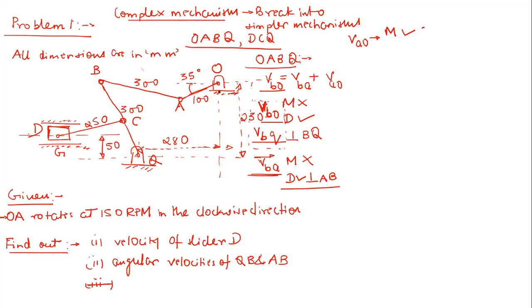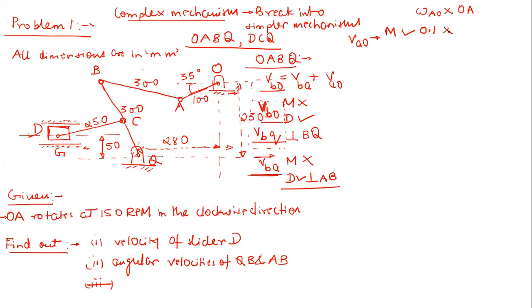Velocity of A with respect to O. What will be the magnitude? R omega. So what is R here? 100 mm. Let us convert this to 0.1. So it will be simply omega AO multiplied by OA, right?